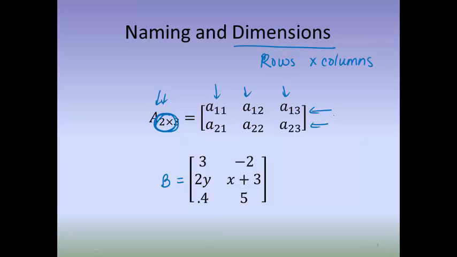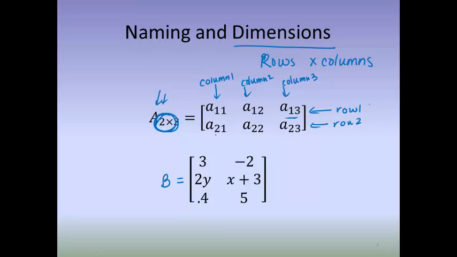So this one has 2 rows, row 1 and row 2, and this has 3 columns: column 1, column 2, and column 3. And that is where these little subscripts come from. This isn't really an 11. It's saying it's in row 1, column 1, and row 1, column 2, and this one is in row 1, column 3.